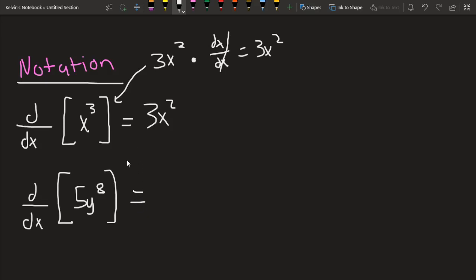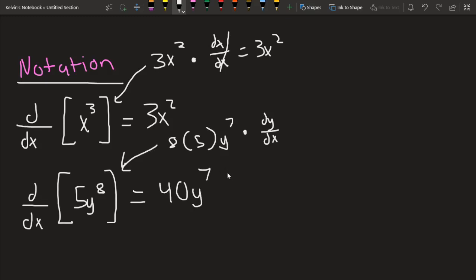If we apply the power rule again, we get 8 times 5, or times y, to the power 8 minus 1, which is 7, times the derivative of y with respect to x. If we were to simplify this, we just get 40 y to the power of 7 times the derivative of y with respect to x.